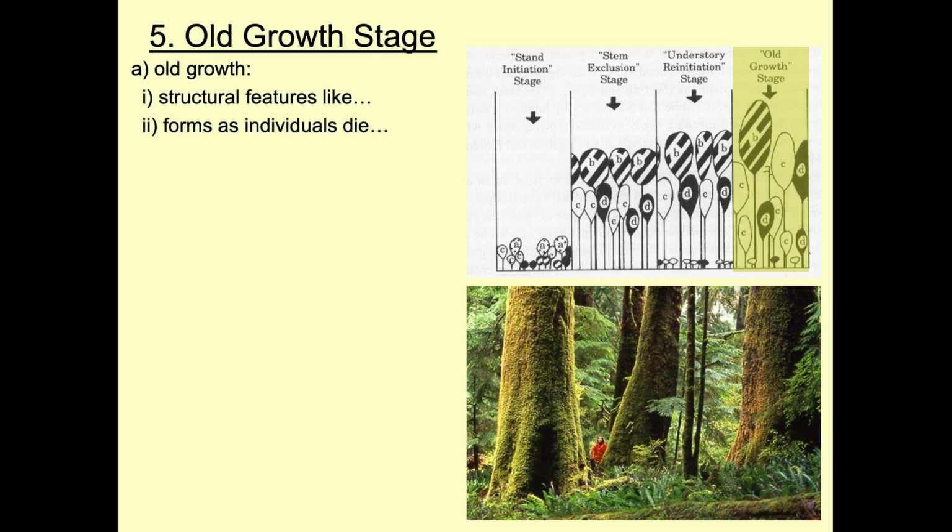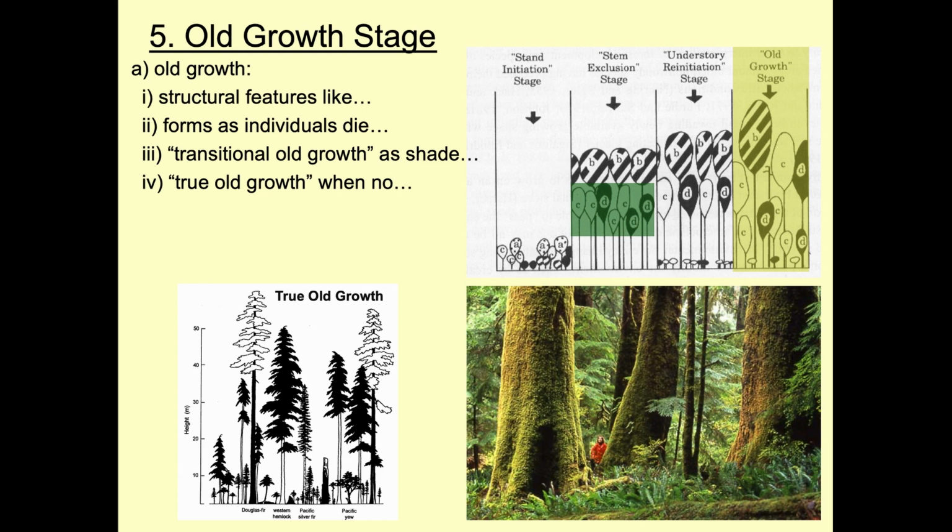Old growth forms as individuals from the initial single cohort die due to the competition that creates stem exclusion, in addition to disease and old age. Now, a transitional old growth occurs when the understory trees grow upward and fill the gaps that formed when trees from the initial cohort died due to stem exclusion.